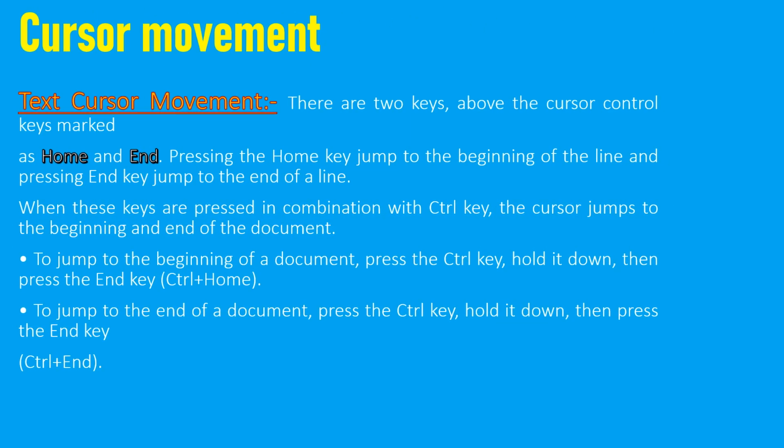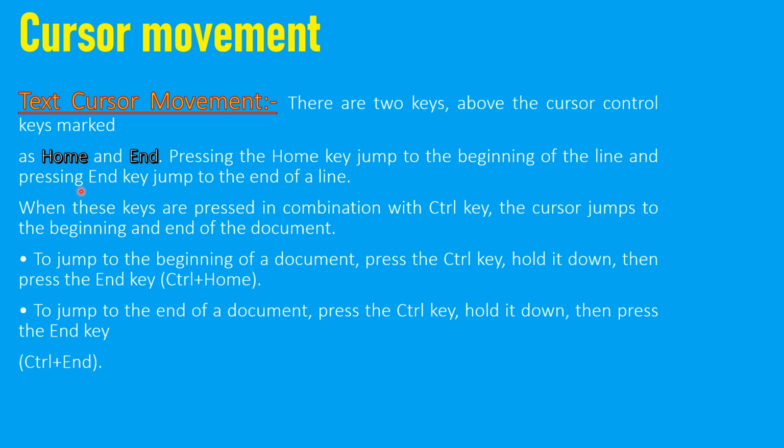Next is the cursor movement, the text cursor movement. Here you will find two keys, the home key and the end key. When you press the home key in a particular line, the cursor jumps to the starting, or you can say the beginning of the line. And if you press the end key, the cursor jumps to the end of a line.